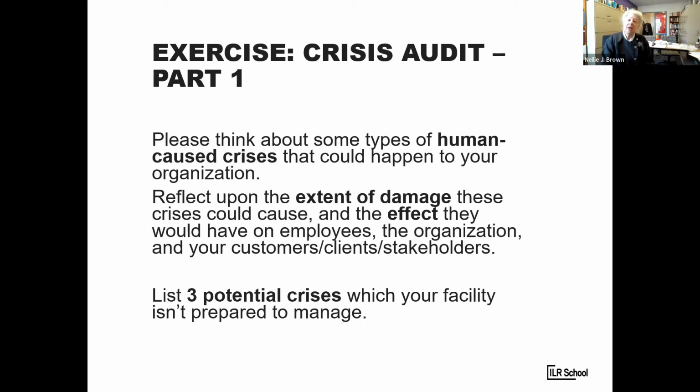So the first thing I'm going to ask you to do, part one of our crisis audit, is to reflect a bit. Think about some types of human-caused crises that could happen to your organization. Now, the reason why I say a human-caused crisis is because in my experience of doing this for over 3 decades, I have tended to find that organizations are reasonably good at planning for natural disasters.